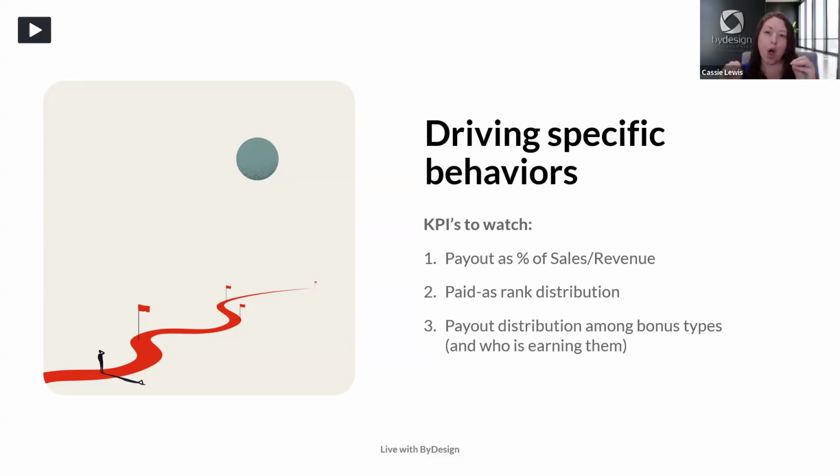So for each one of your bonus types, take a look at who is earning them. Is that the intended target for that bonus? If not, you need to think about changing that. If you have a bonus that you have designed to try to reward people at a manager level, but you find that you have reps earning it far sooner in the comp plan than you ever anticipated, take a look at that.